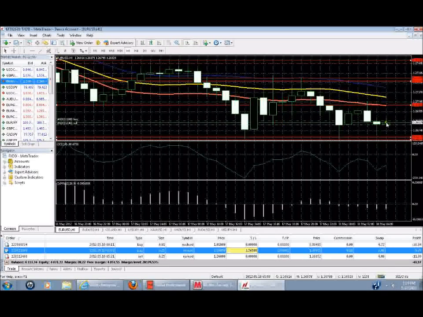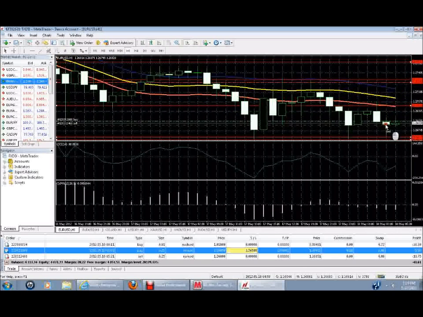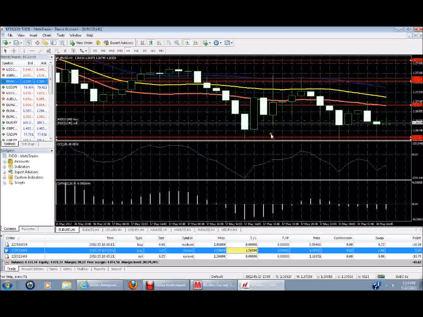Now it looks like it's coming up. Okay. It's just going to play for a while. Again, there's no trend, but that sword looks like it should be coming down, but we'll see.